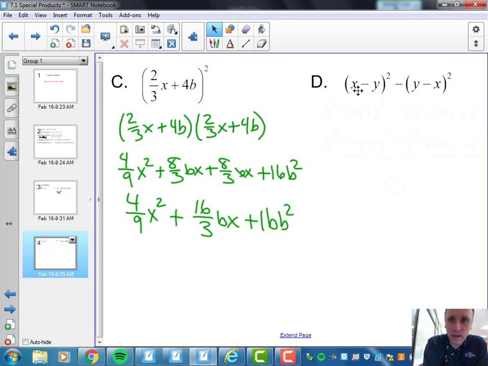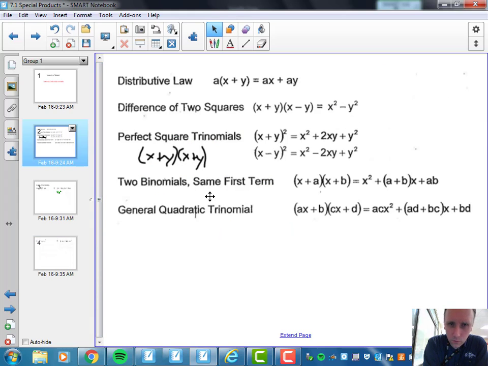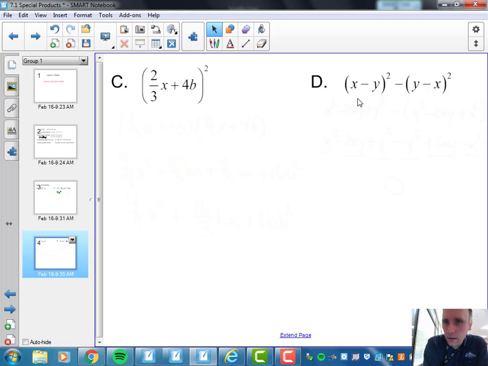Since it's x minus y squared, if you remember back, our rule said that x minus y squared is the first term squared minus 2 times the product of the x and the y plus the y squared. So I'm going to say I've got x squared minus 2xy plus y squared.